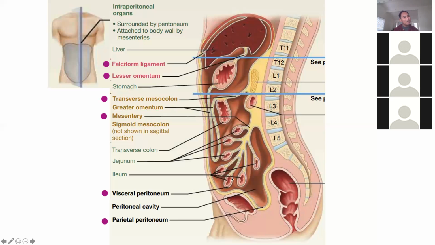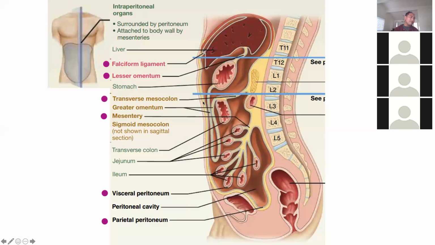It is so difficult to say, but the easy way to remember is the peritoneum portion which covers the anterior abdominal wall and the posterior abdominal wall is called parietal peritoneum. The peritoneum which covers the intestine, like visceral organs, is called visceral peritoneum. That's the easy way to remember and keep our mind simple.